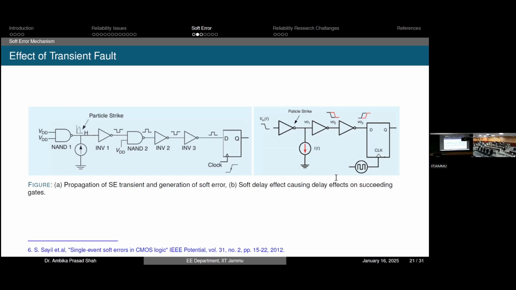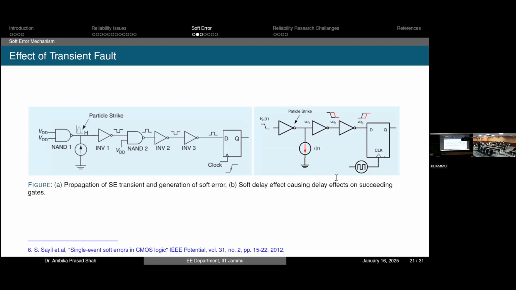Let us assume I have some range of this delay, and because of this strike, your waveform can be delayed by some amount, and it might go beyond your limit of delay, whatever you have decided in the delay specifications.